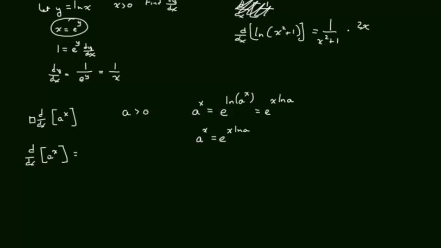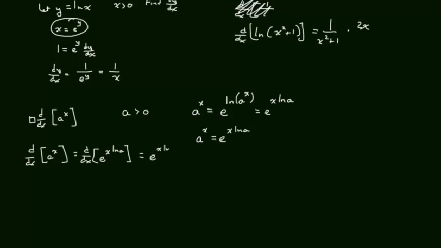So if you remember that a to the x is equal to e to the x natural log of a, that will be helpful here, because we'll say that the derivative with respect to x of a to the x is the derivative with respect to x of e to the x natural log a, e to that stuff. And we already developed what the derivative of e to stuff is.